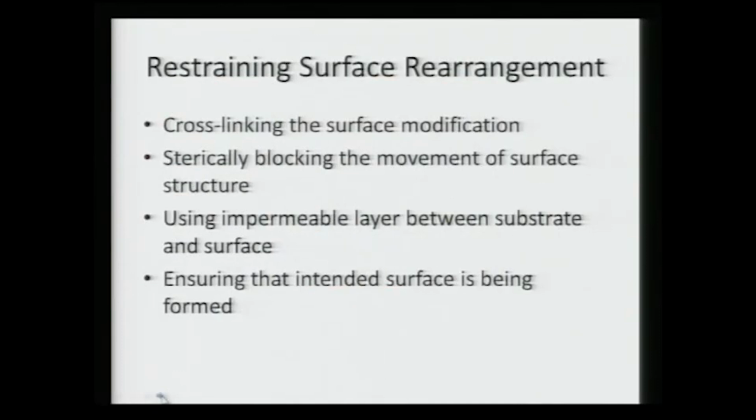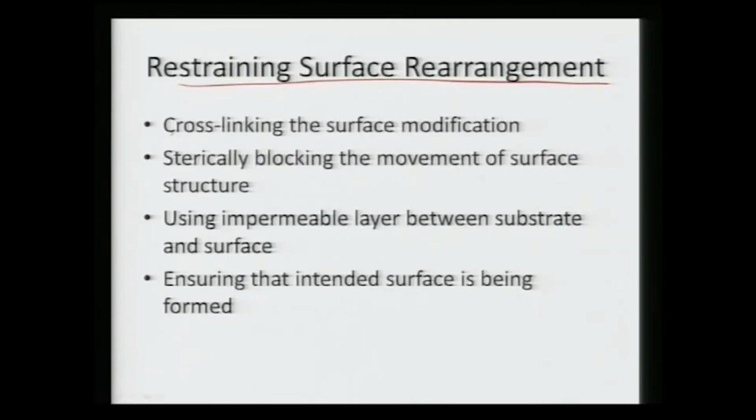At the same time, once we are introducing a surface layer, we want to retain that particular surface arrangement. If the surface starts getting rearranged, it might even break, it might lose the structure, it might lose the functionality as well. So, we want to retain the surface arrangement the way we had planned.